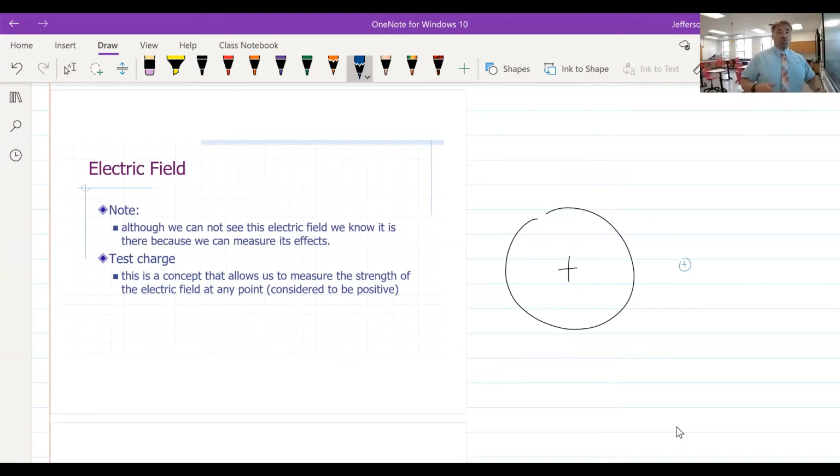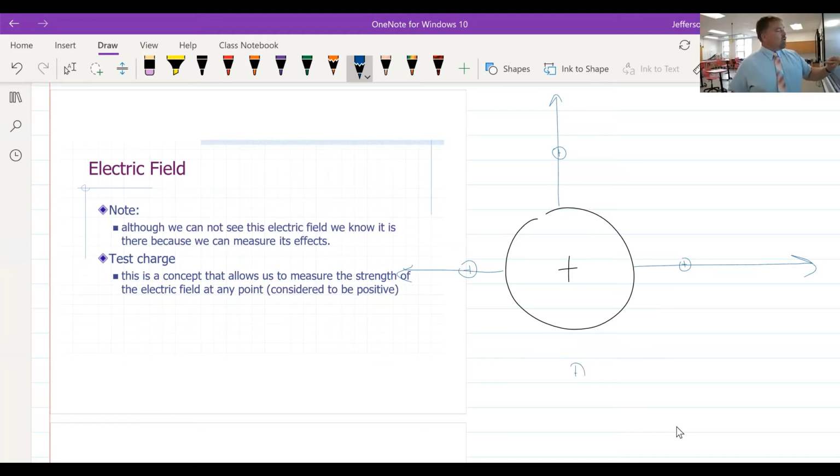Well, we know from opposites attract, likes repel, that this positive charge would cause it to repel away. And what we're looking at is what would happen to the little tiny blue test charge, not what happened to the big black positive charge, because we're trying to find the electric field generated around that positive charge.